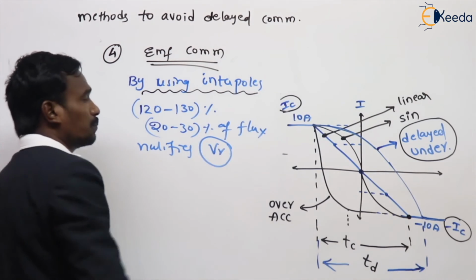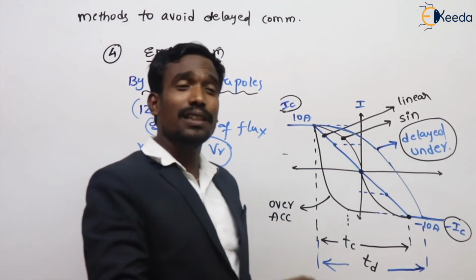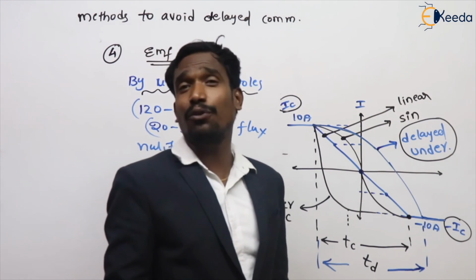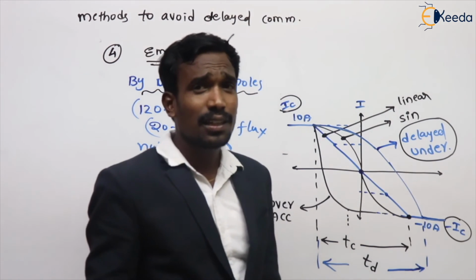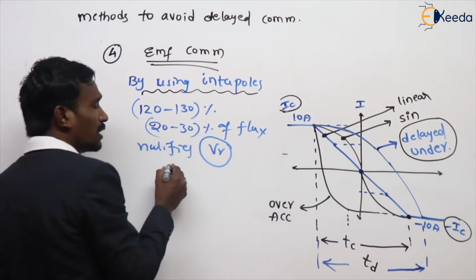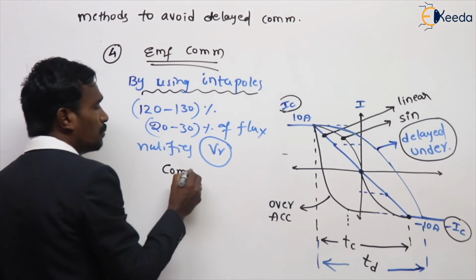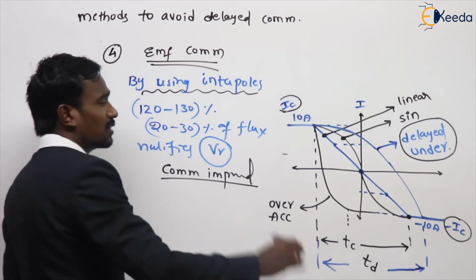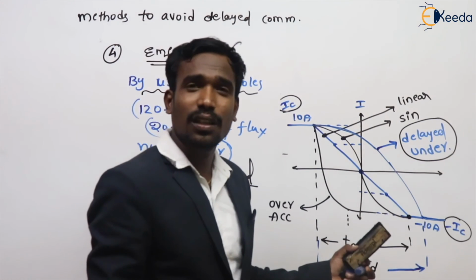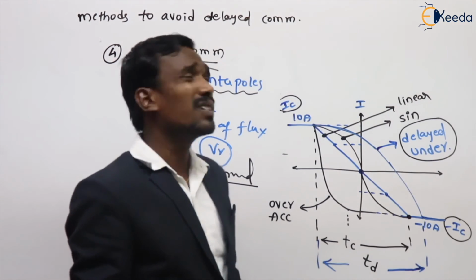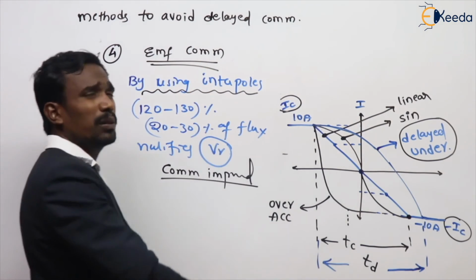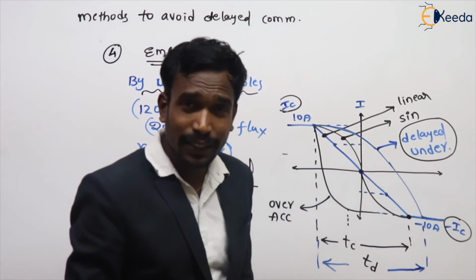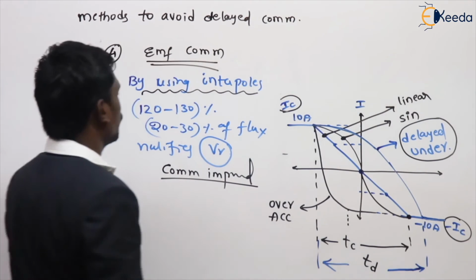By using interpoles, the reactance voltage is nullified. If the reactance voltage is nullified, then the delayed commutation is avoided or commutation improved. This is generally used in our DC machines. This is the well preferable method to avoid the delayed commutation. Are you okay? This is the fourth one.